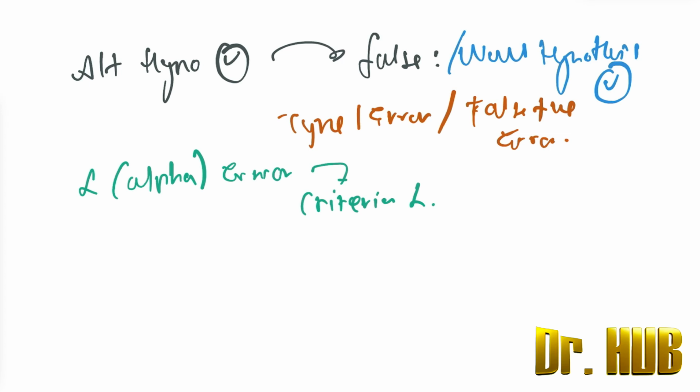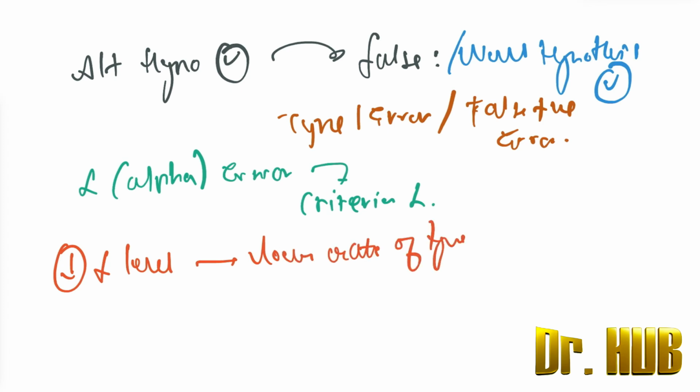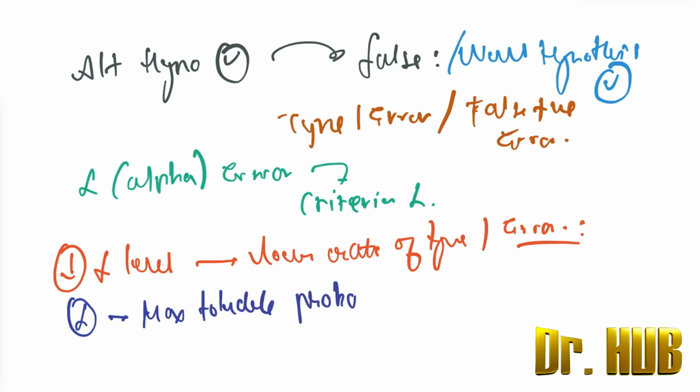The lower the alpha level, the lower the rate of type 1 error being made. Thus, it can be said that alpha is the maximum tolerable probability that the type 1 error is being made.